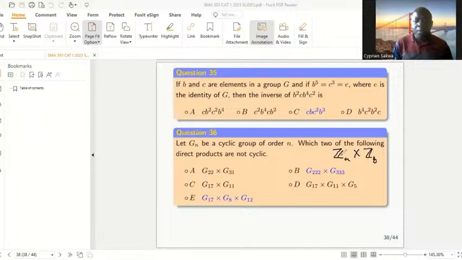These two groups are cyclic. If this is cyclic and this is cyclic, then this product of groups here will also be cyclic if A and B are relatively prime. If A and B are relatively prime, then we say that this group here is cyclic.